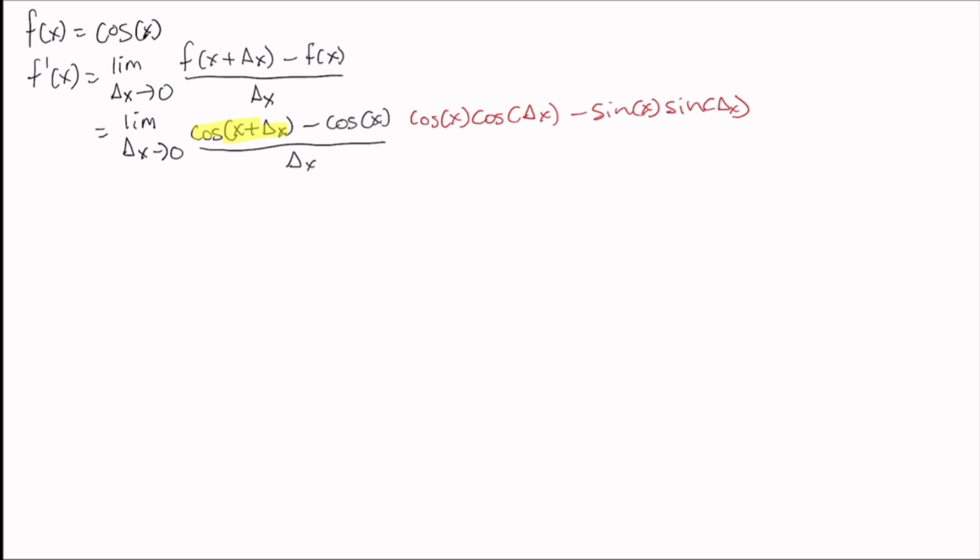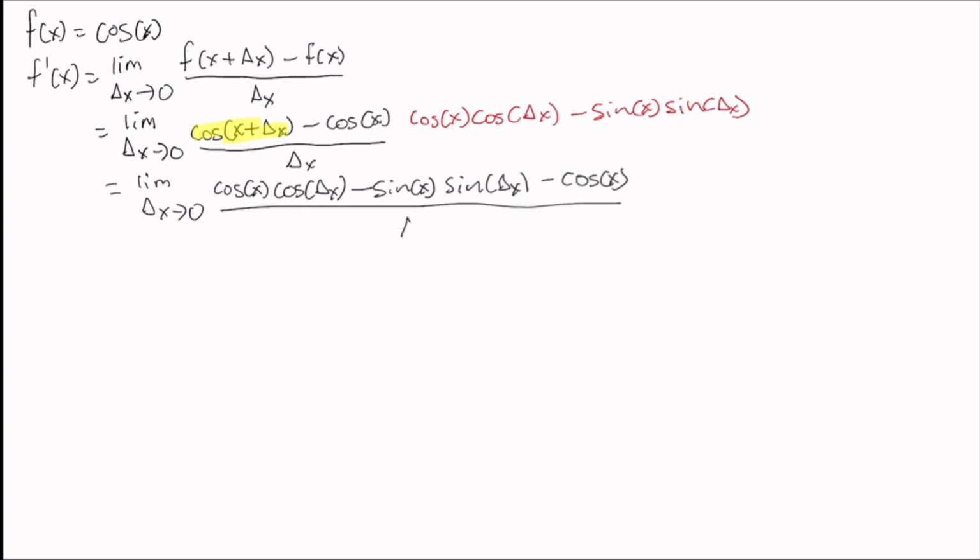Okay, so applying the angle sum formula for cosine, we'll get the limit as delta x approaches 0 of cosine of x, cosine of delta x, minus sine of x, sine of delta x, minus cosine of x, all over delta x.